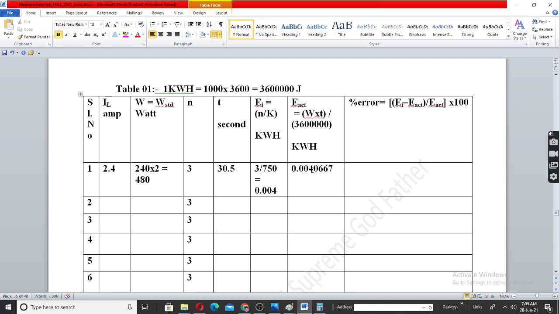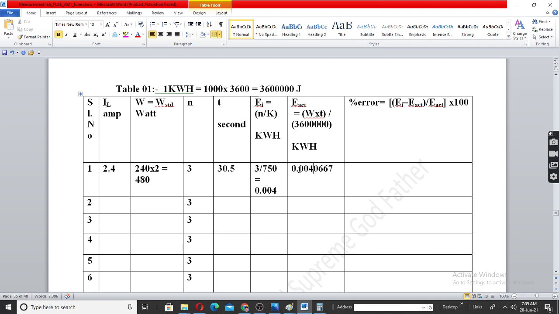Write at least 3 decimals after the zero. Don't write just 0.004. If you write just 0.004, it says there is no error at all. Zeros are not significant figures. You write at least three significant figures.